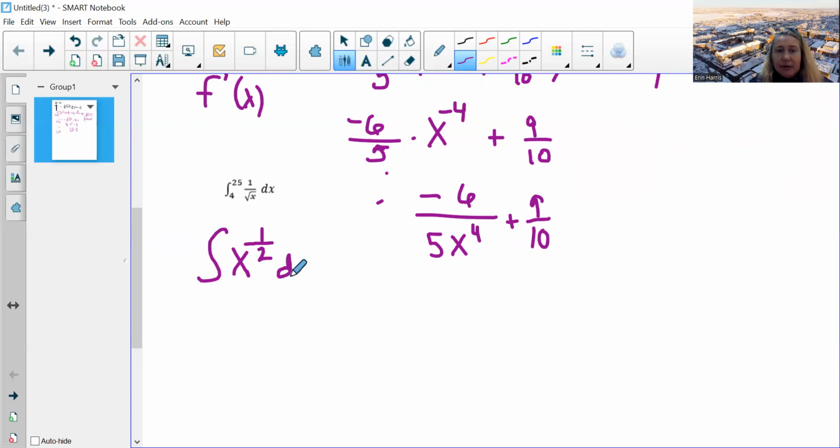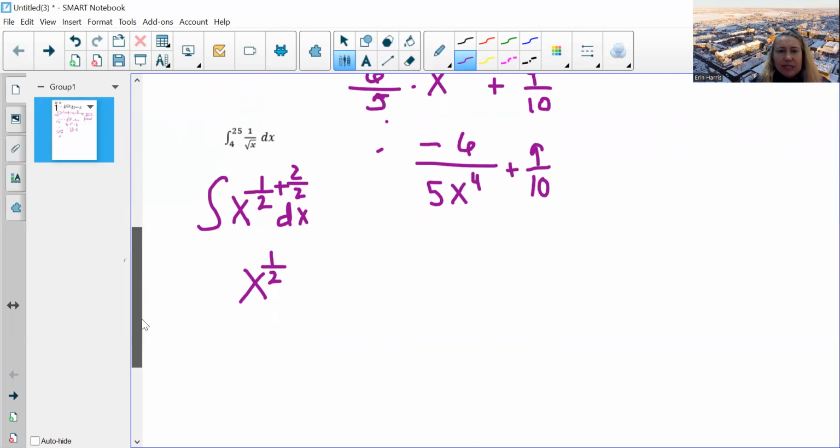Okay, so we get here, and then we increase the power by 1, divide by the new power. And this should make sense because what function has 1 over radical x as its derivative? Because here we get new power is 1/2, but then instead of dividing by the fraction, we multiply by the reciprocal.